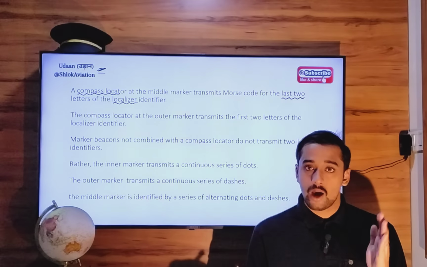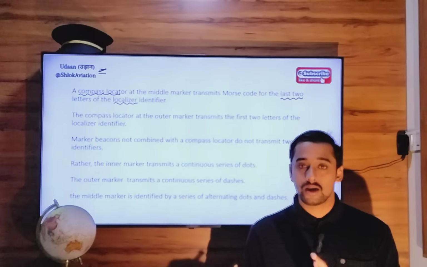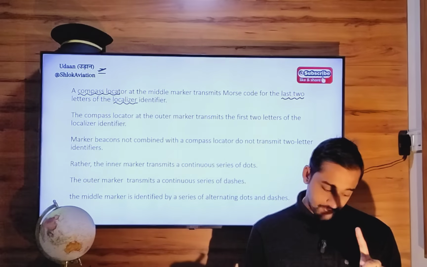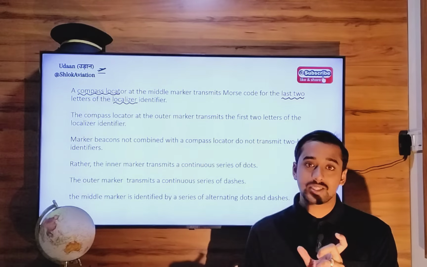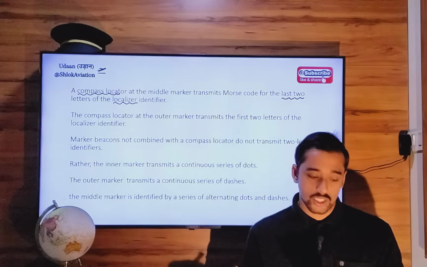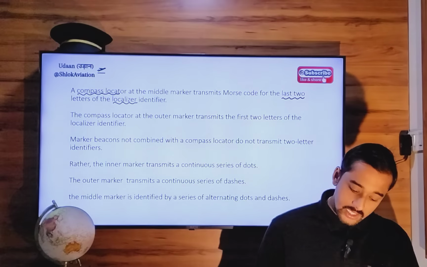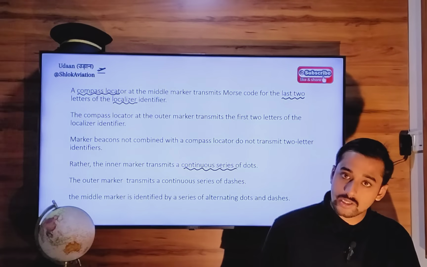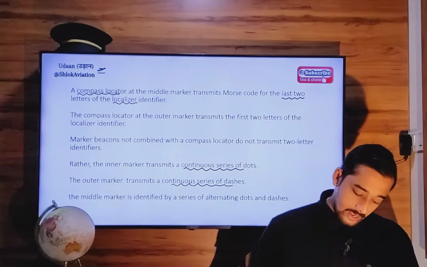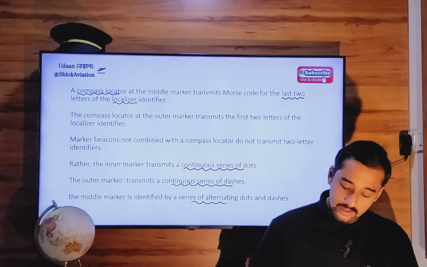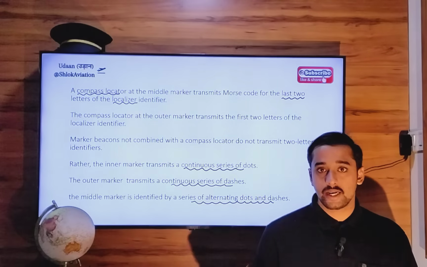Rather, we know that outer marker, middle marker, and inner marker transmit Morse code, that is a continuous series of dots, alternate dots and dashes, and then continuous dashes. So the inner marker transmits a continuous series of dots, outer marker a continuous series of dashes, and middle marker a series of alternate dots and dashes.